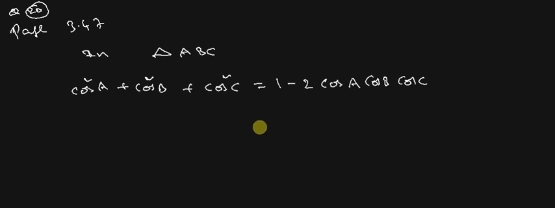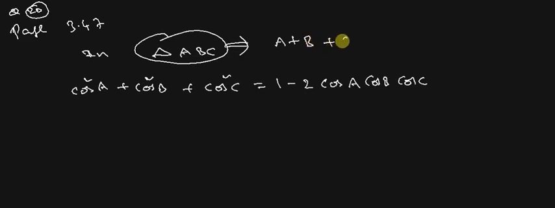So what is meant by triangle ABC? We know that the sum of angles in a triangle is 180, so A plus B plus C equal to pi. That is the meaning of triangle ABC, right? Now we are proving this result by taking the LHS.